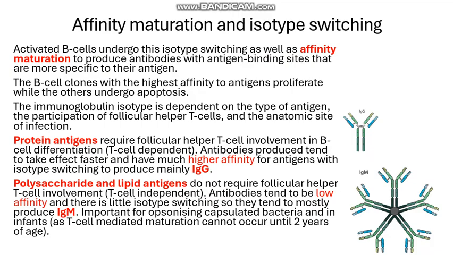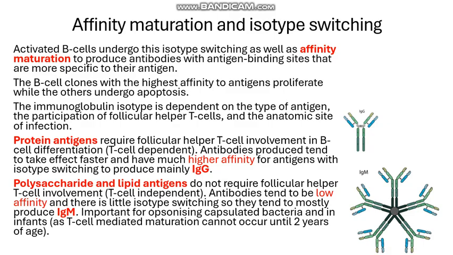Activated B cells undergo this isotype switching as well as a process called affinity maturation, which is very important. The same thing happens with developing T cells within the thymus to make sure that their T cell receptor has a high affinity for the antigen that it's going to pick up, usually presented on dendritic cells.